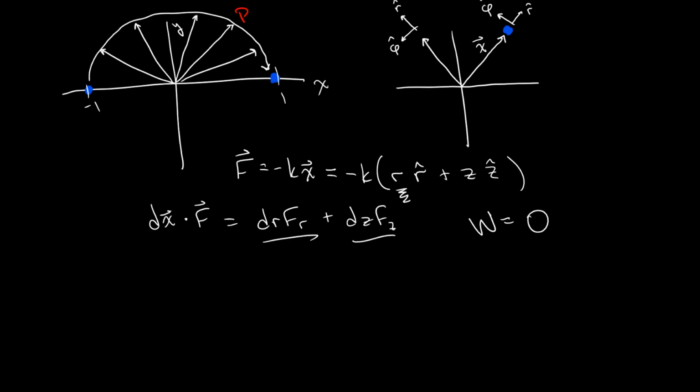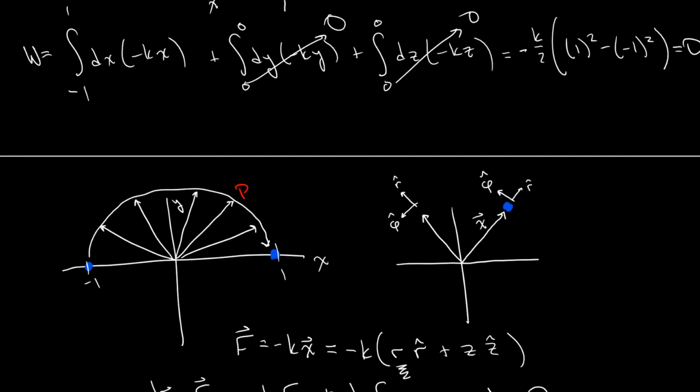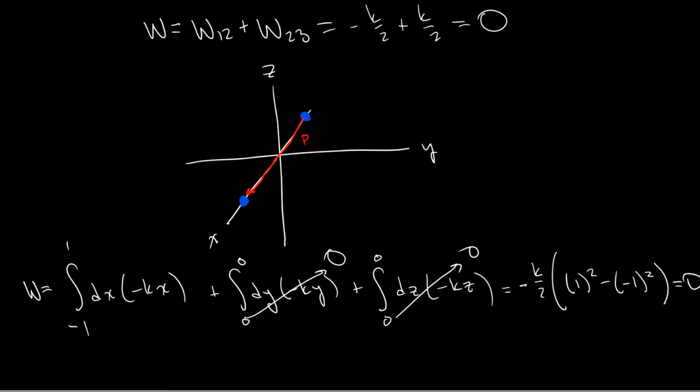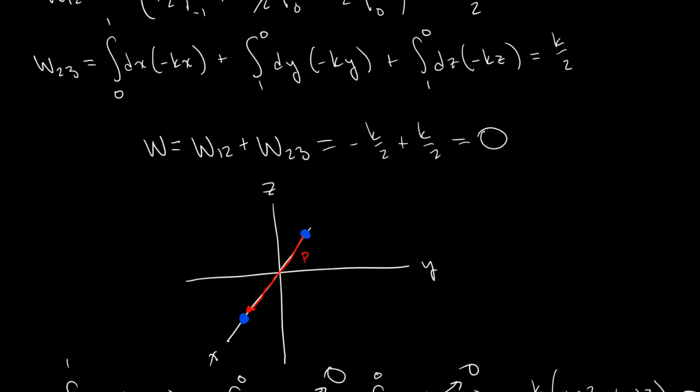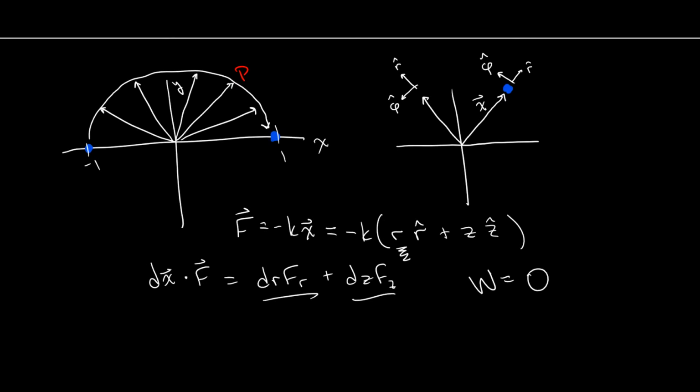Okay, so we've now looked at 3 different paths, all starting and ending at the same point. And we've always gotten the same final answer for the work done for all 3 of the paths, not necessarily any path.